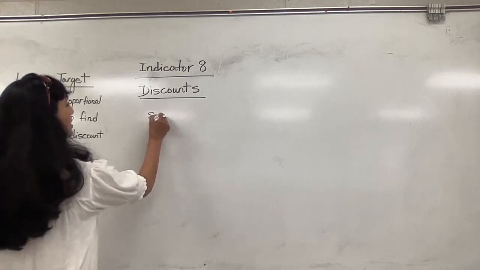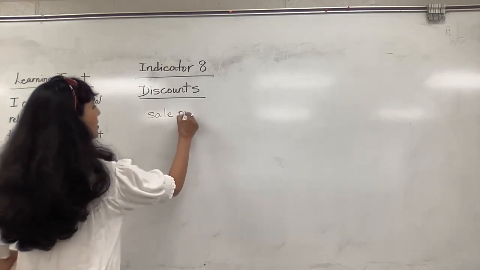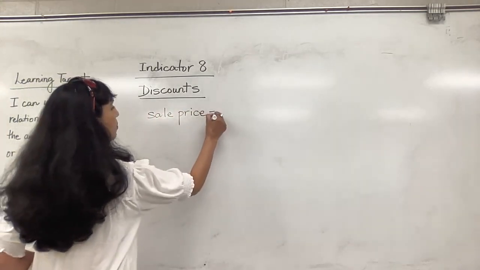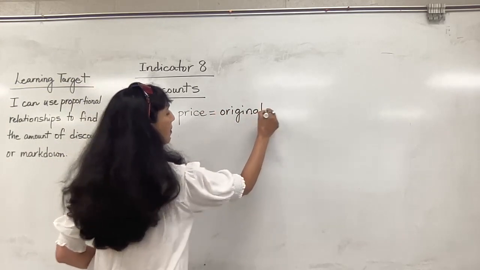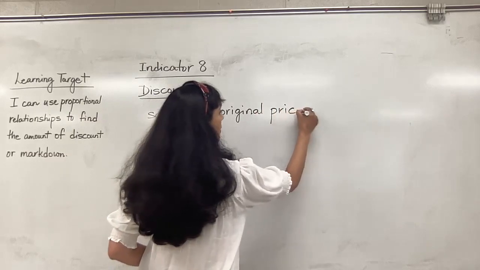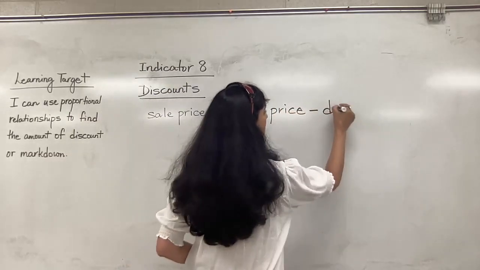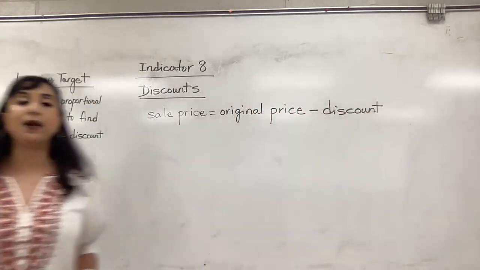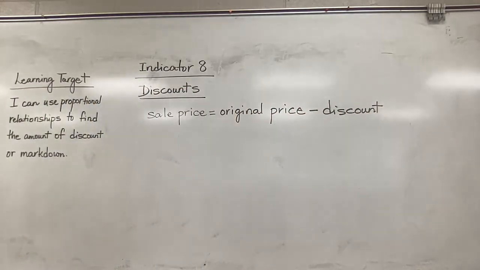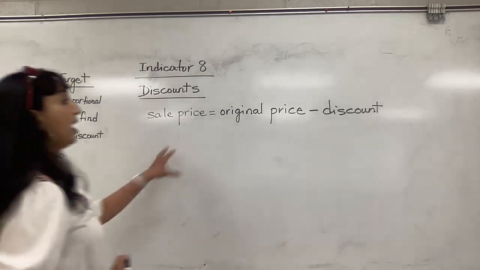Okay, so the sale price is equal to the original price minus the discount. The percent of discount is a percent of decrease in this case. All right, so it's a decrease in the original price of an item.